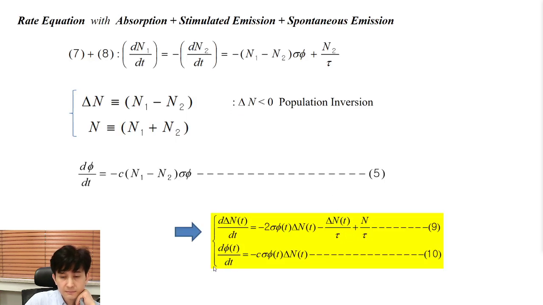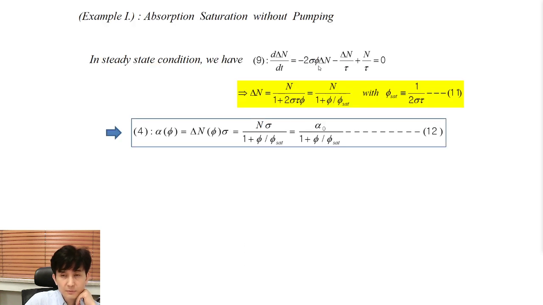Then we obtain that delta n is equal to n over (1 plus 2 sigma tau phi), and we describe this as n over (1 plus phi over phi set). Phi set is called the saturation photon flux, which is nothing but 1 over 2 sigma tau.